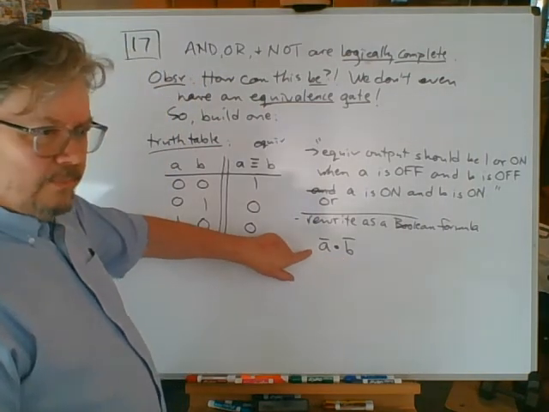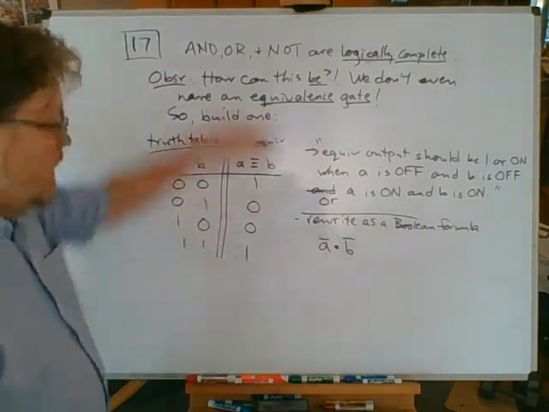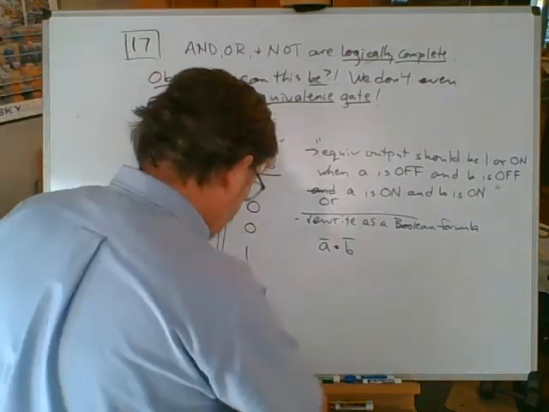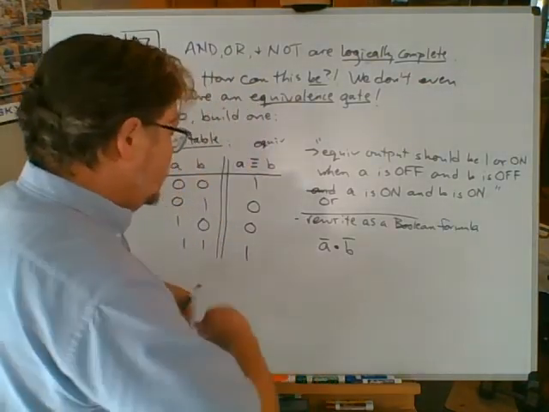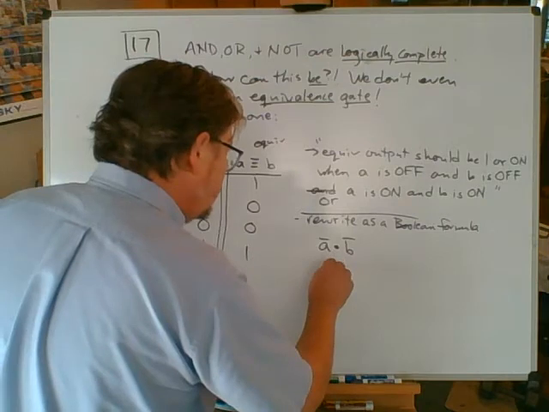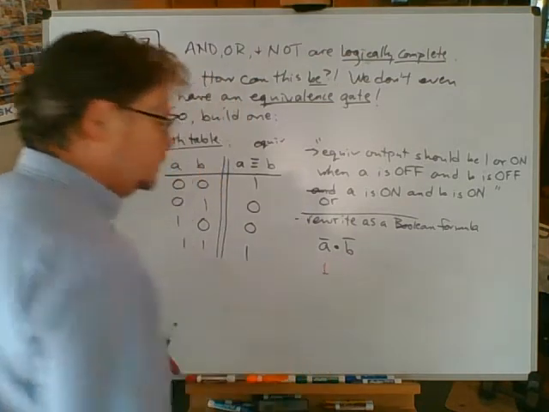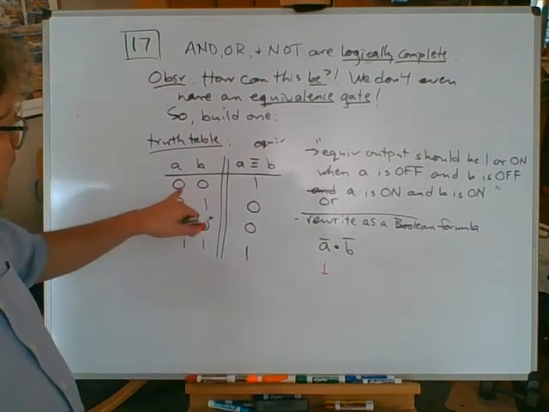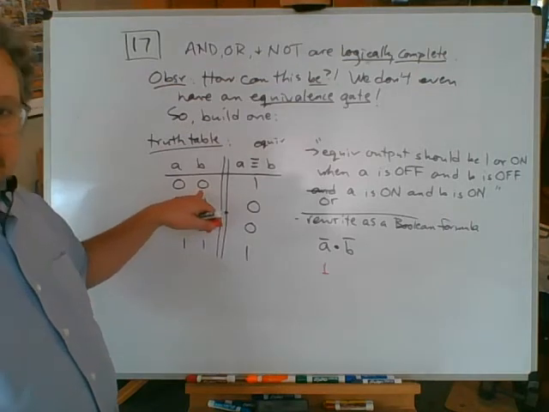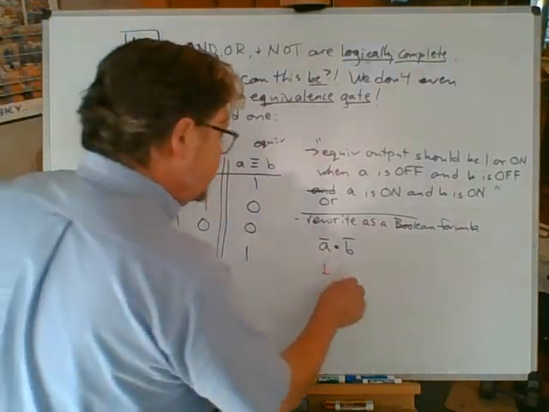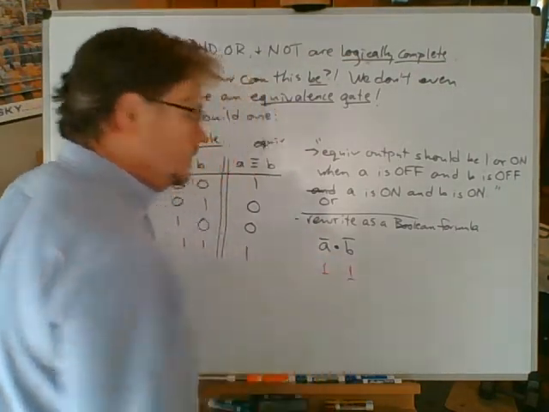Not A. If A is 0, then not A is 1. I'll even write that down here. If we're on the first row, not A has value 1 or true. If B is 0, then not B is a 1.